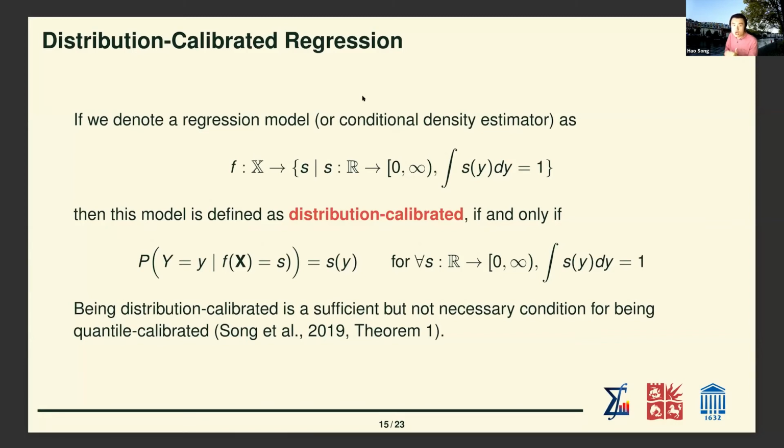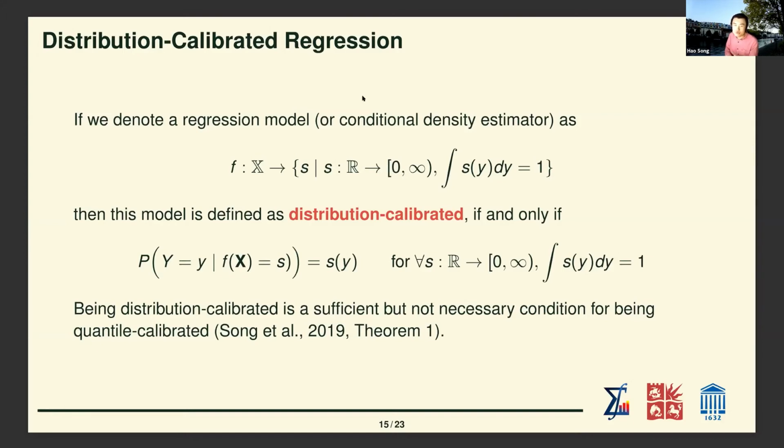So you assume that your model is a function f that maps the feature space into a space of probability density functions. And this model is defined as distribution calibrated if and only if, for all the data points that receive density function s, the distribution of y actually obeys this density function s.